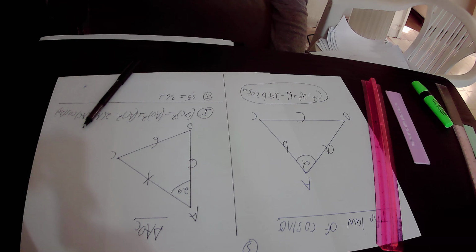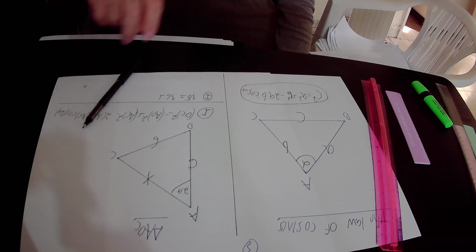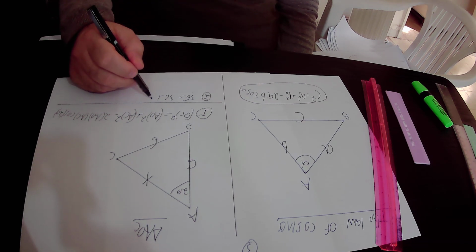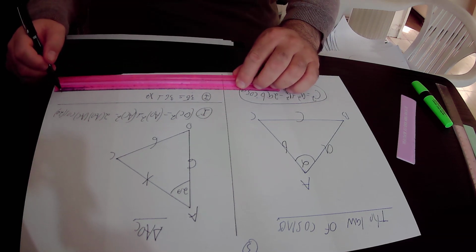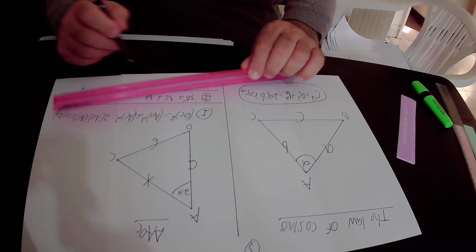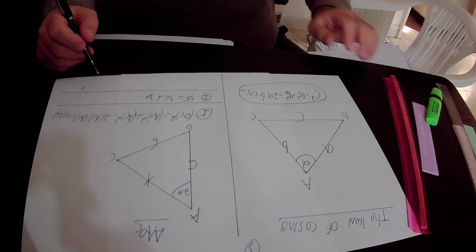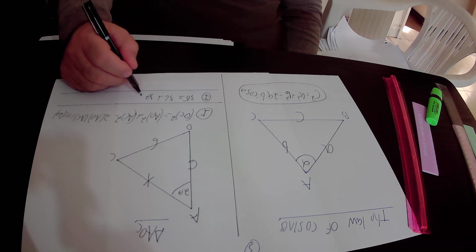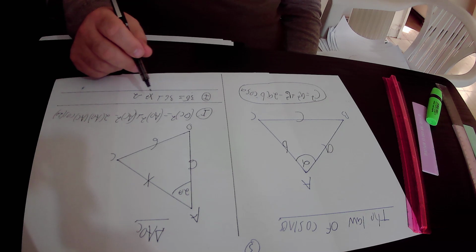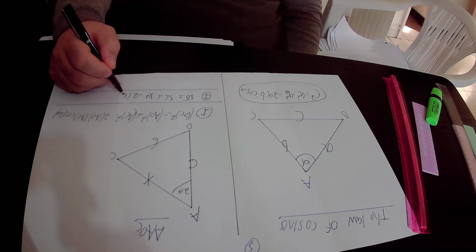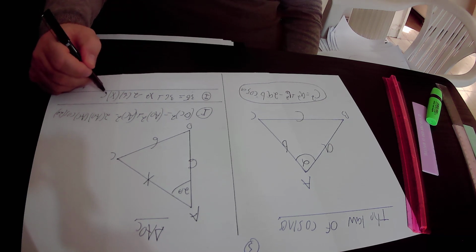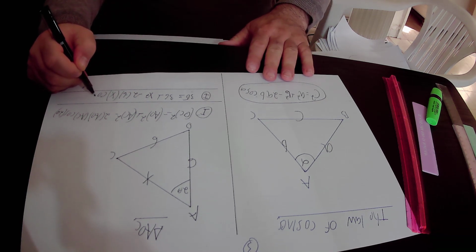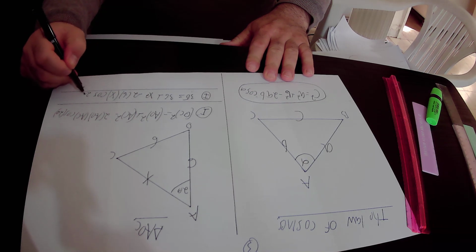AC equals x, according to what is given in the question. So AC squared will be equal to x squared, minus 2 times AO, which is 6, times AC, which is x, times cosine 2 theta.